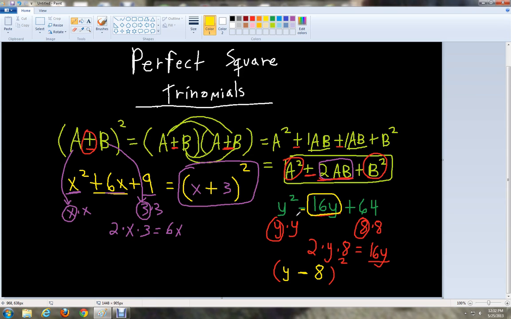So y squared minus 16y plus 64 can be factored as y minus 8, all squared. Okay, so that's how you do that one.